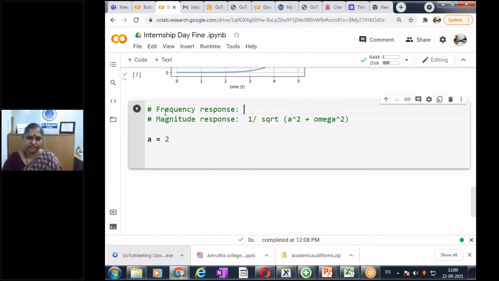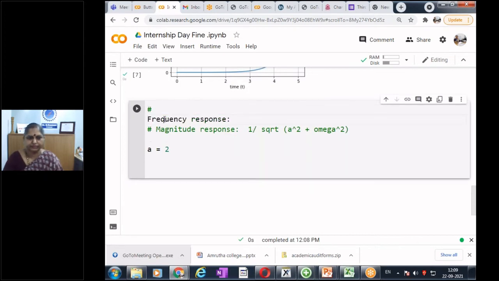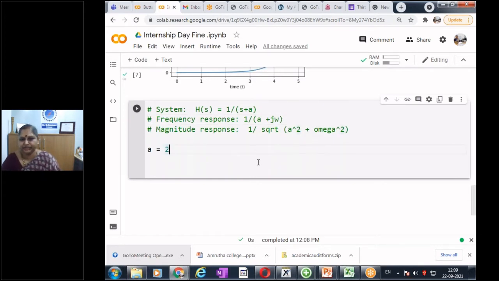My system transfer function is, let us say, h of s equal to 1 by s plus a, and my frequency response we know is given by 1 by a plus j omega. So now I put that, and then I have my magnitude response. In the same program, we'll also include the phase response. First, let us do the magnitude response.